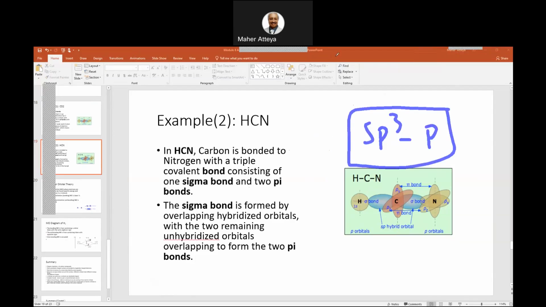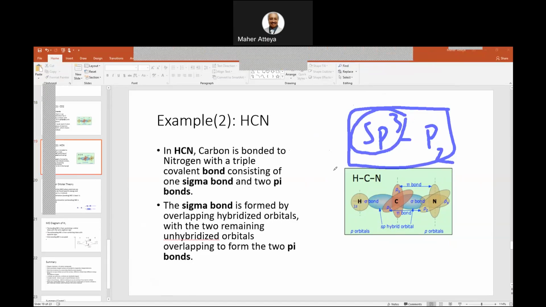So you have two double bonds and one single bond. The sigma bond is made of the sp hybrids, and the interaction of the pz here with the unfilled p orbitals of the carbon will make the double bonds.